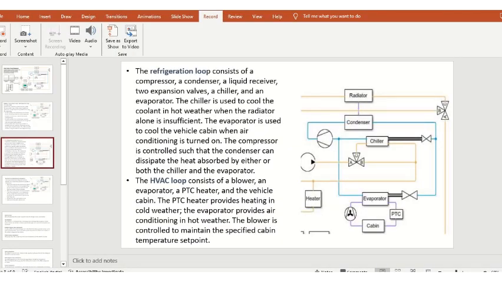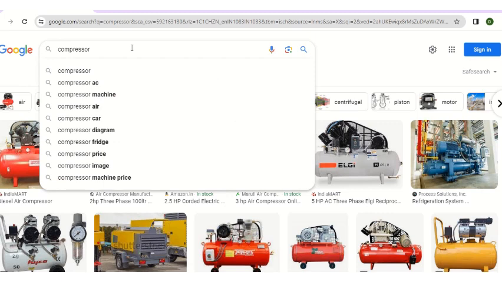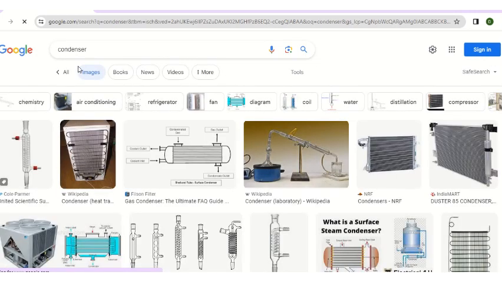And next, a condenser. Some liquid will flow through these tubes. The liquid will be getting cooled. Some water will be thrown onto the tubes so that the liquid will be cooled down.